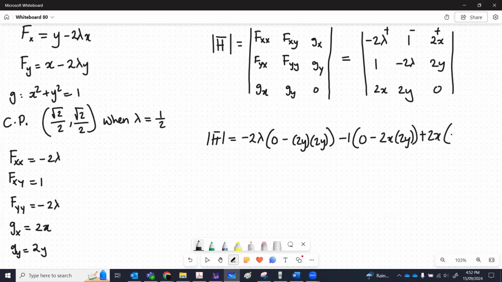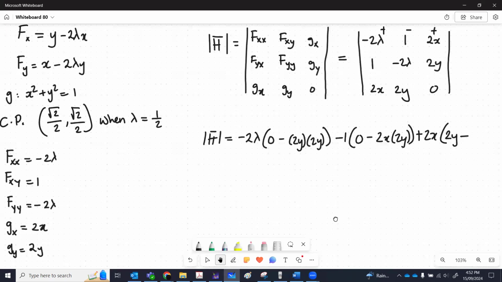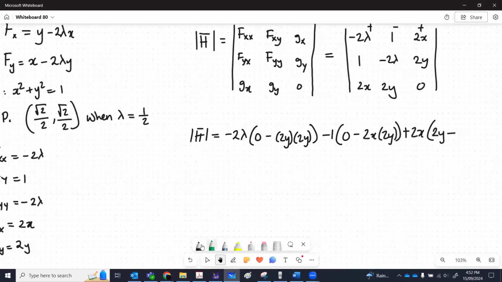We have 1 times 2y, just 2y, and then minus negative 2 lambda times 2x.